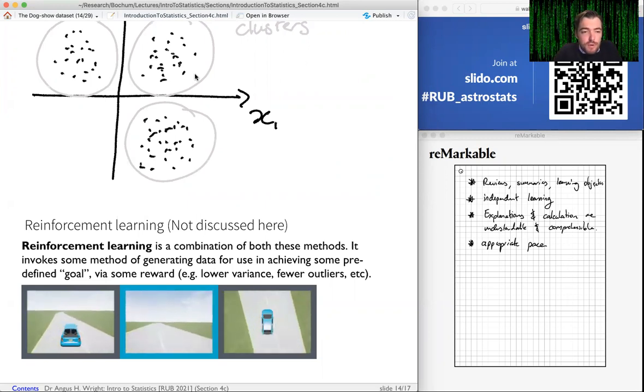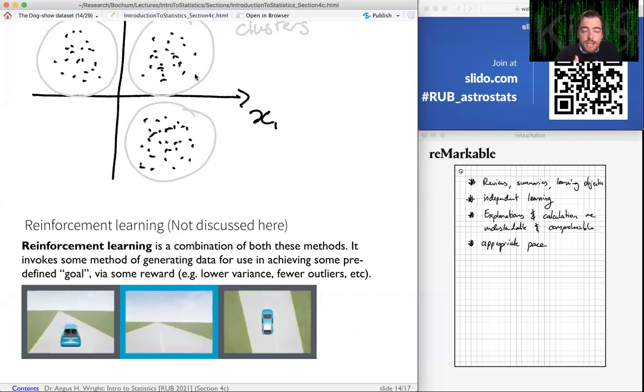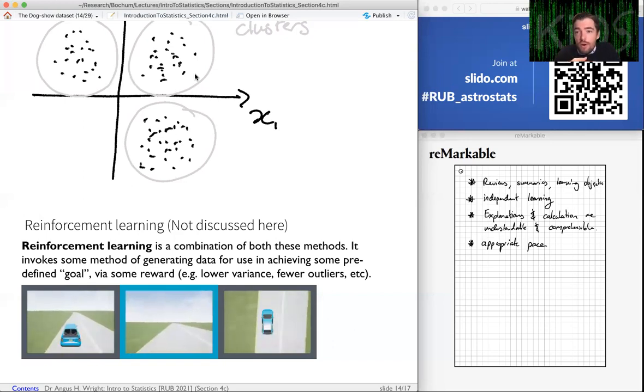Now, the way in which reinforcement learning works is it is presented with some amount of data, or it has some method for generating some amount of data, and then it uses some goal in order to determine whether or not its current setup is well constructed, is optimum or not.